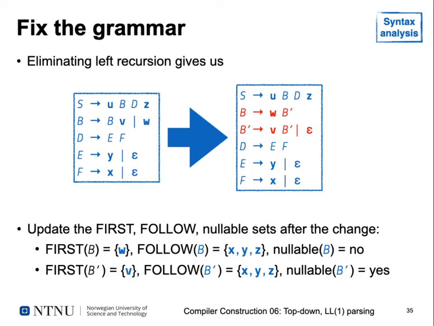That's easy, because either it's epsilon, so it doesn't derive anything, or it's terminal symbol V and another B prime recursively. So our first set is just the terminal symbol V, and our follow set is again X, Y, Z, because we do go through D and can derive an X or Y or this Z here. And we've seen B prime can directly resolve to epsilon, so it's nullable.